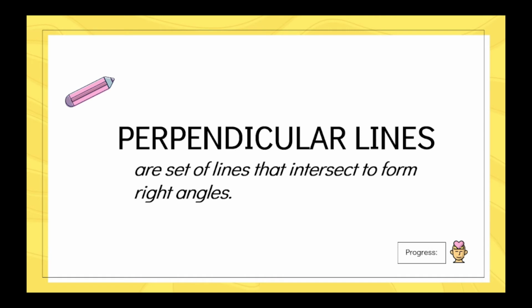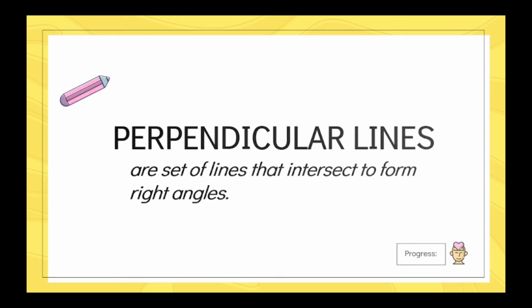Now, let's talk about perpendicular lines. Remember, pag perpendicular, it always forms a right angle, or ang magiging measure ng angle na nabuo ay 90 degrees. So, perpendicular lines are set of lines that intersect to form right angles.